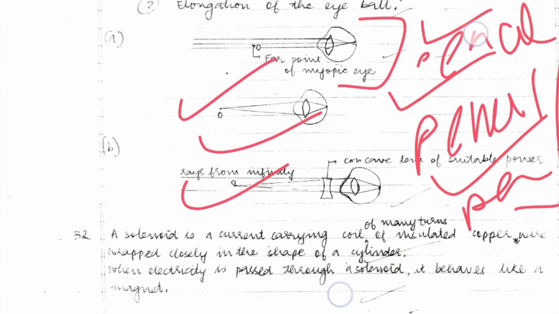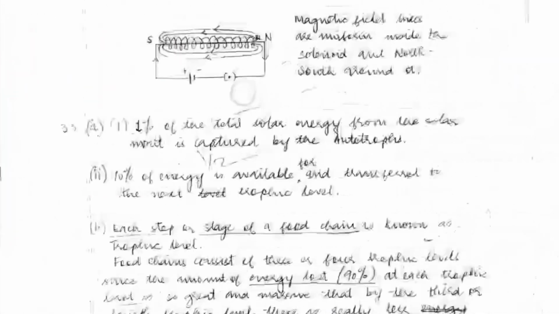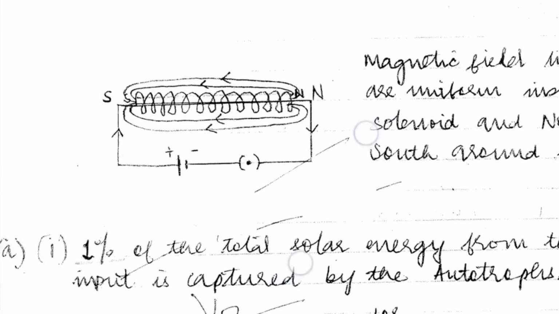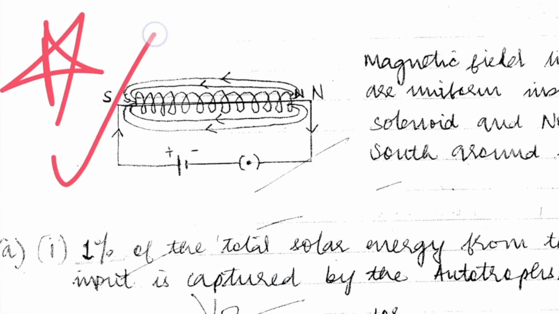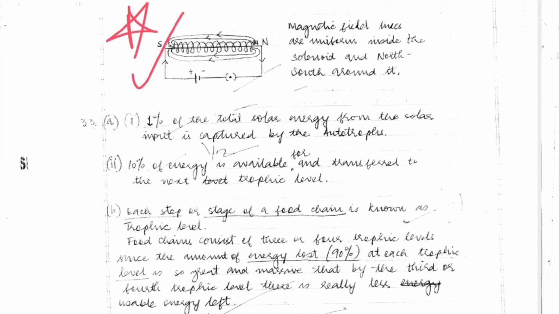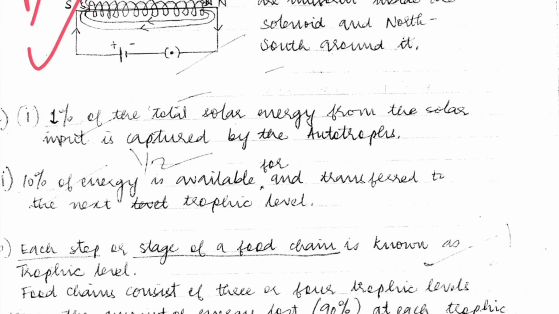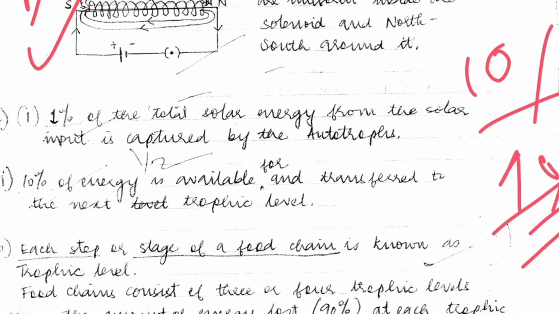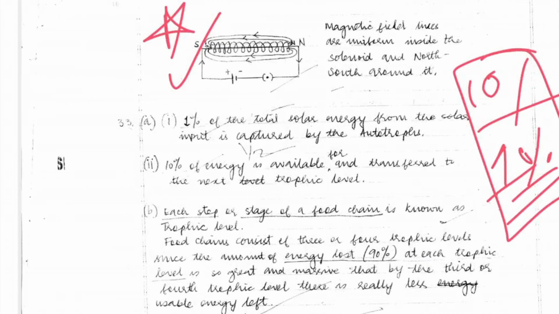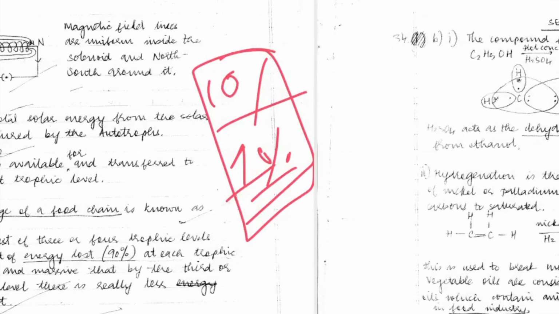Next, this is the solenoid diagram, which is really important and will surely come in every paper. Now the 1% law and the 10% law will also come, because our environment chapter is 5 marks, so it will come for about 3 marks in descriptive and 2 marks, or 1 mark, for MCQs.